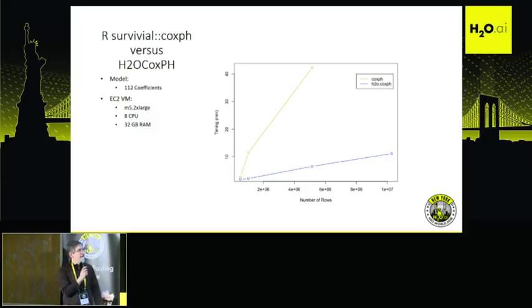For Cox-PH, for this software, eventually you're not even going to be able to analyze the data, and so that's why you see that the last piece of the puzzle here is missing, because it actually couldn't analyze those large data sets. So the behavior that one would expect out of H2O holds true for the Cox proportional hazards model.